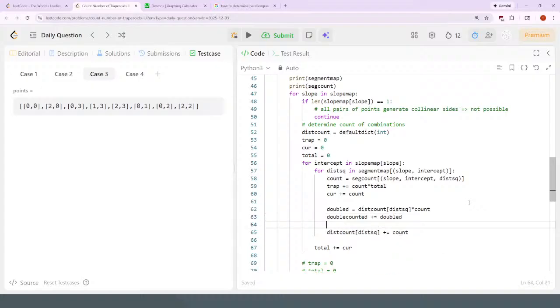And then print out, checking this out. Print out what's doubled.